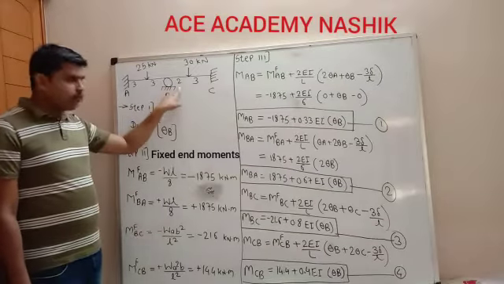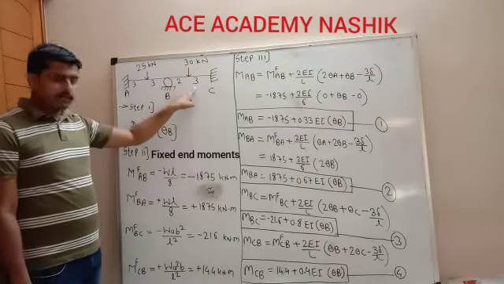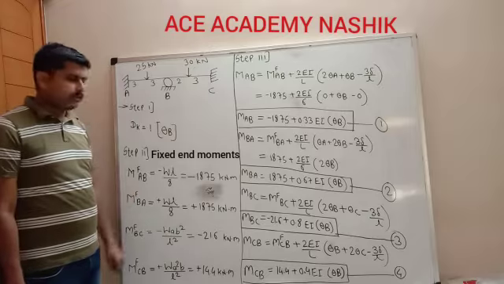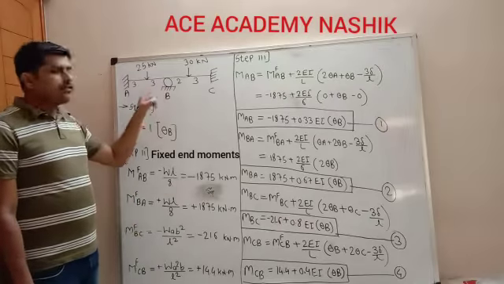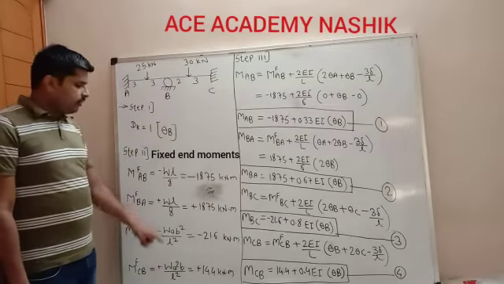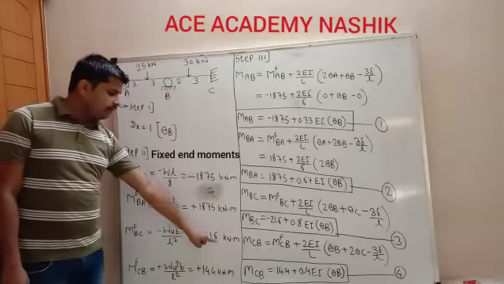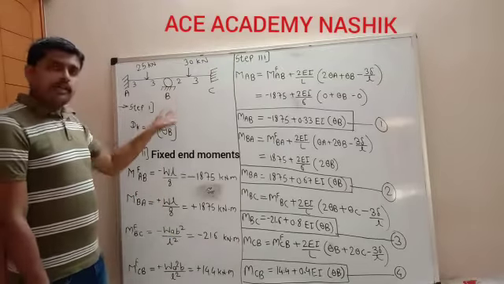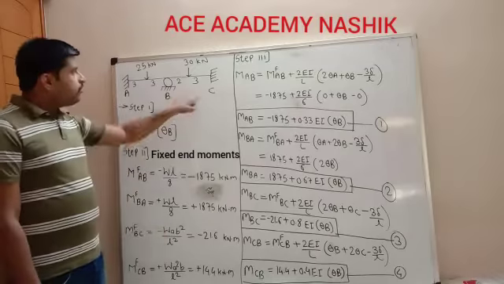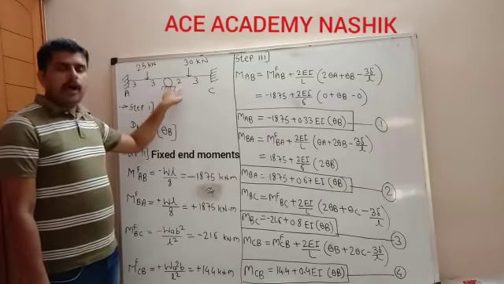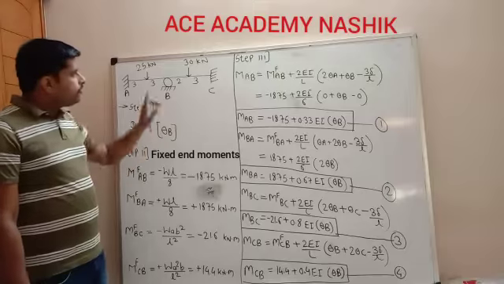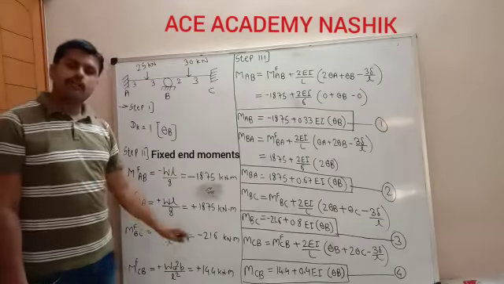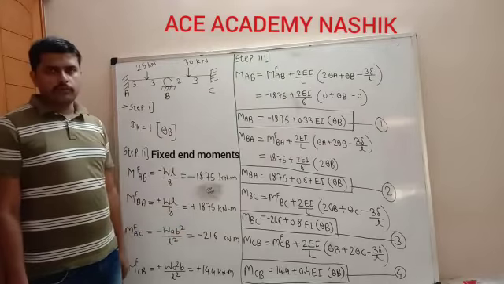Here a is 2 meter, b is 3 meter, and L is the length of span BC, that is 5 meter. Putting the values, we get minus 21.6 kilonewton meter. For CB, the formula is W a square b upon L square. Putting the values, we get plus 14.4 kilonewton meter.